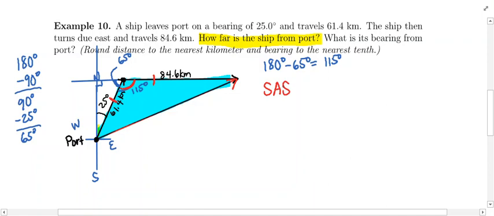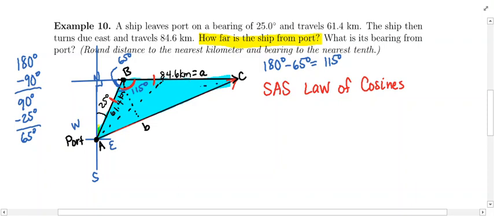Okay, we know for SAS and sides, we use the law of cosines. Okay, so I need to go ahead and put some letters on here. So I'll call this vertex A, this is vertex B, this is vertex C. Okay, so I know the side across from angle B is going to be side length b. Across from angle A, that means that a measures 84.6.